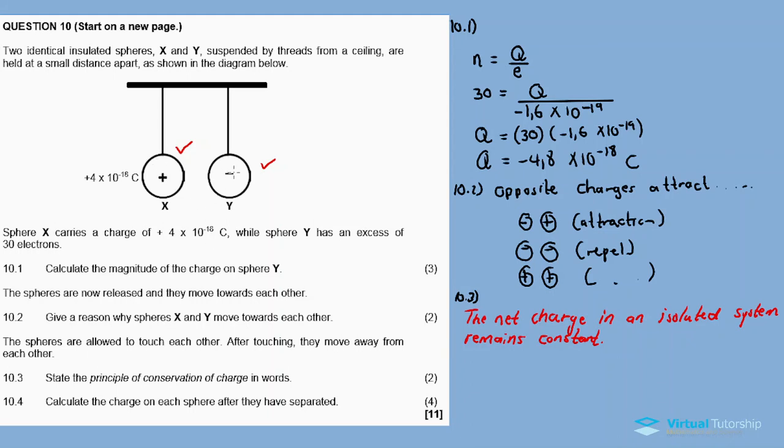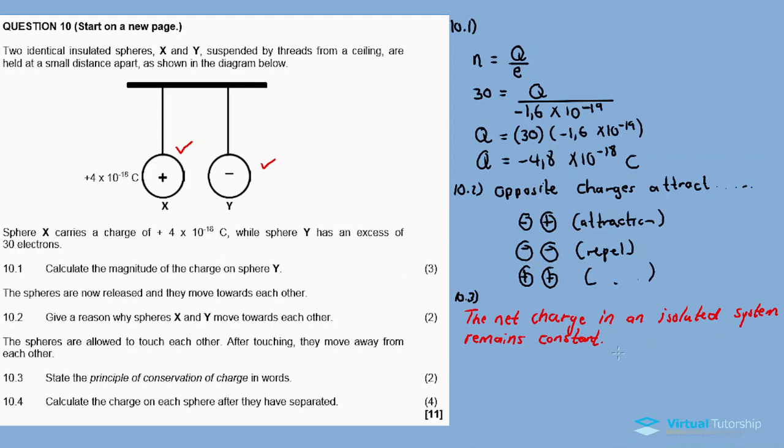This balances the electrons between X and Y.